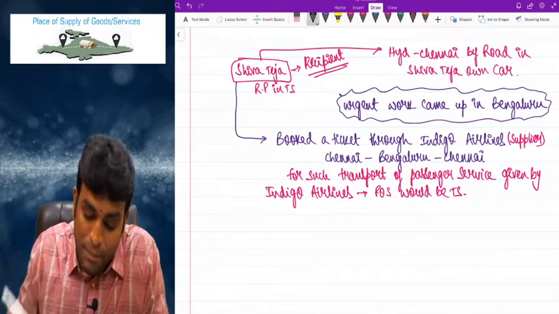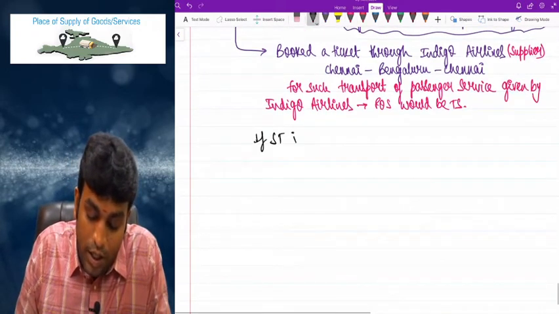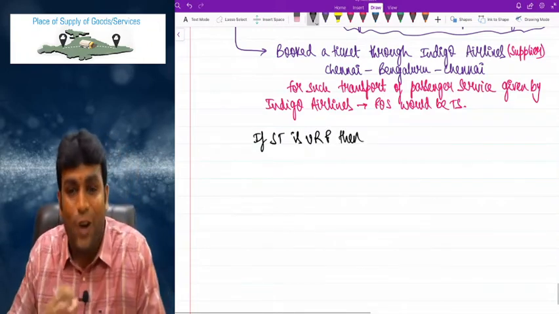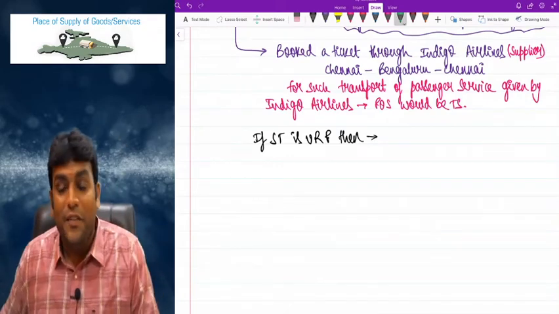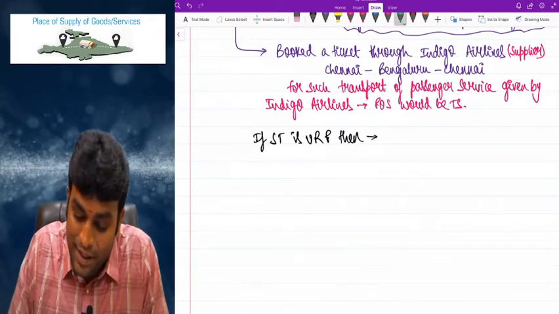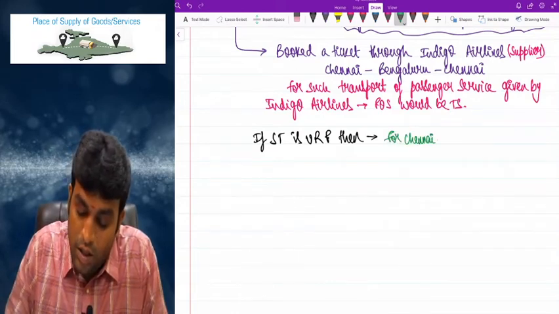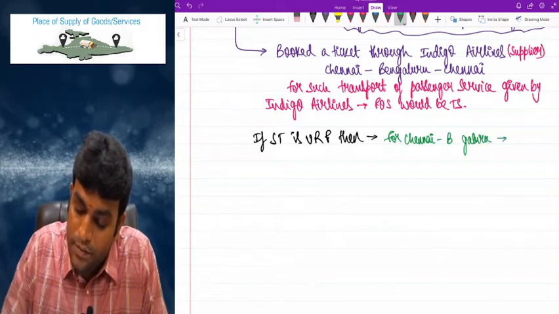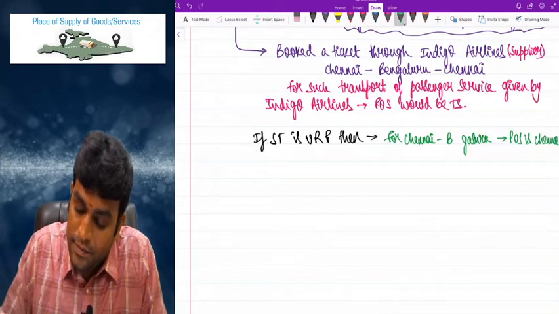Now some interesting point I'll tell you is, if Shiva Teja is an unregistered person, then what? That is a question. If Shiva Teja is an unregistered person, then for Chennai to Bengaluru, place of supply is Chennai.